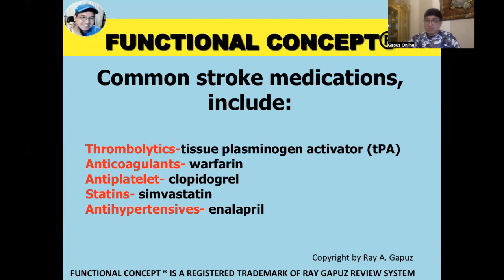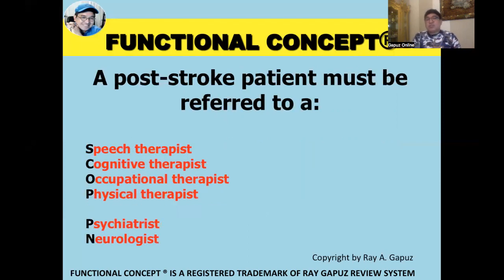And then antihypertensives, to ensure that the blood pressure of the patient remains normal. Okay. Now, a post-stroke patient must be referred to a speech therapist, potentially because they will have speaking problems, and they would have difficulty swallowing.